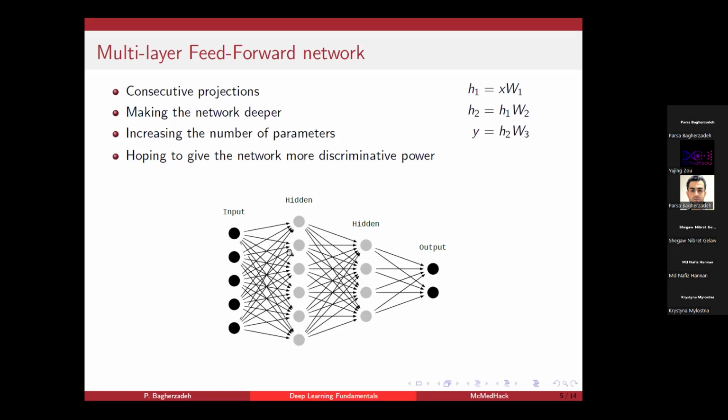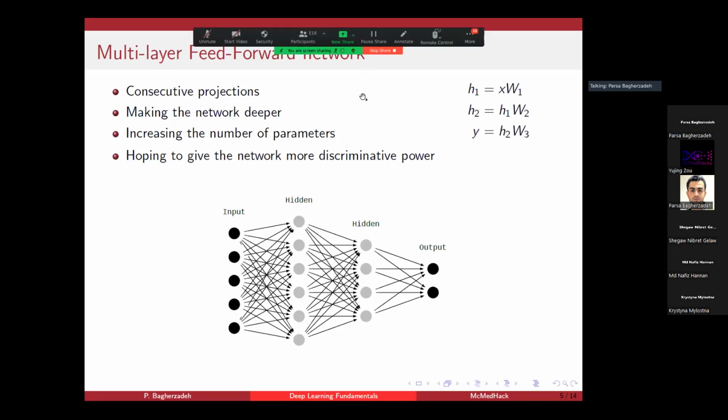Okay, so now we have consecutive projections, and we have, as they call it, made the network deeper, and we have increased the number of parameters, hoping that we have given the network more discriminative power. If you have heard about deep learning, it is supposed to find ideas, find concepts and features, and basically separate and define very complicated distributions.